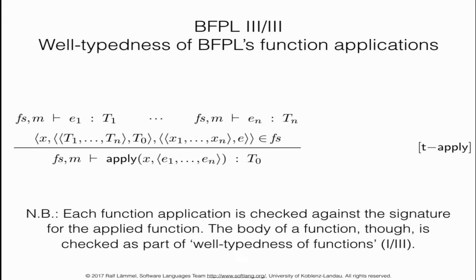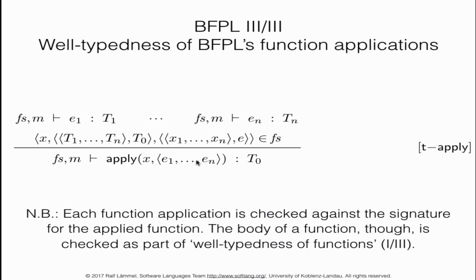So the most interesting case is the well-typedness of function applications. So we've got a function application. The name of the function is x. The actual argument expressions are e1 to en.